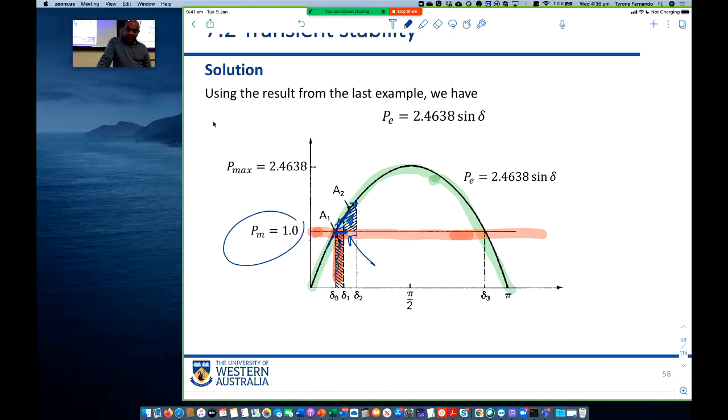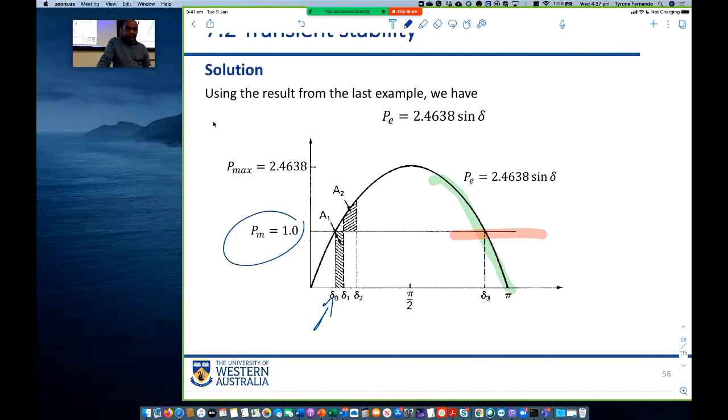Because mechanical power we haven't adjusted, so it's the red line. So this has accelerated. Originally we are at delta 0, right?